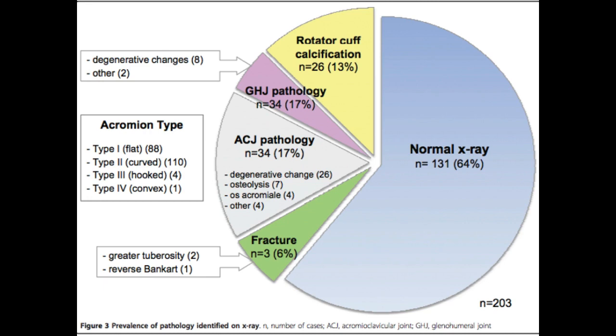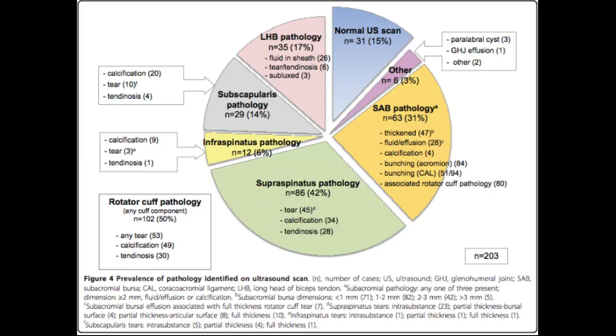Here are some graphs to show the X-ray findings. This is a very interesting study of 203 cases of shoulder pain, and in 64% of the cases they found that the X-rays were within normal limits. AC joint pathology and glenohumeral joint pathology were the most common pathologies seen in the plain X-ray.